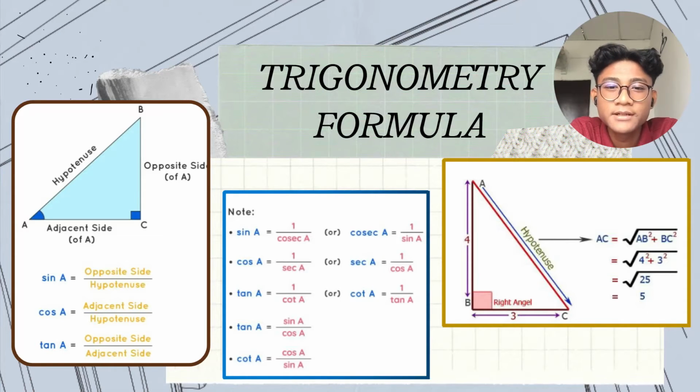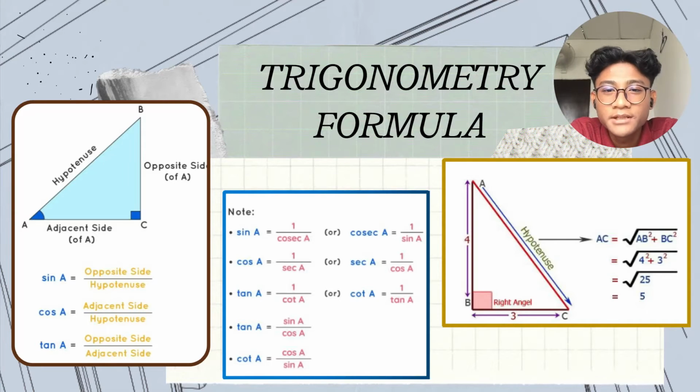So the last one is the formula of hypotenuse. So the AC as the hypotenuse equal to square root AB square plus BC square. We can replace the AB and BC to the number that have at the triangle.